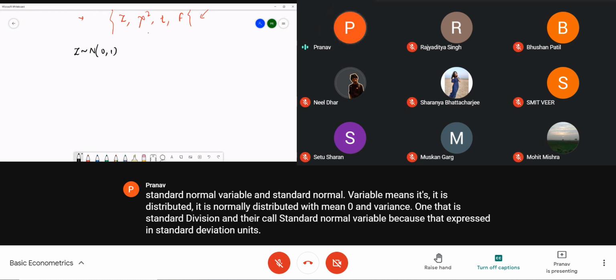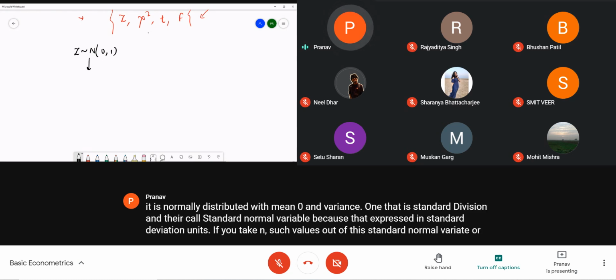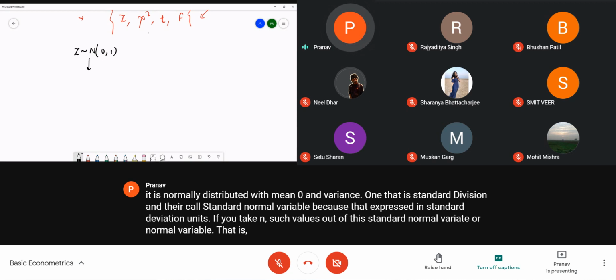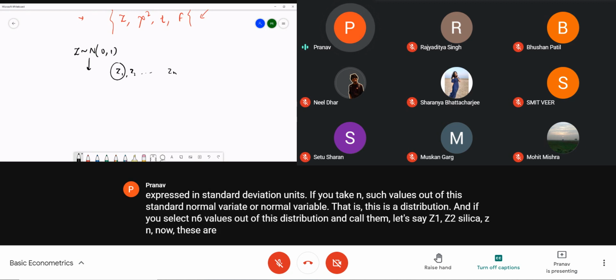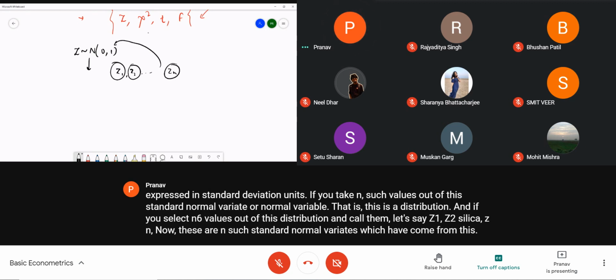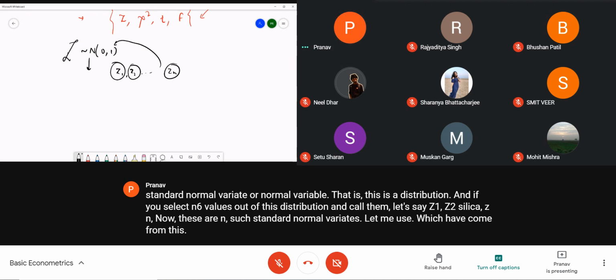Now, if you take n such values out of this standard normal variate, and if you select n such values out of this distribution and call them, let's say Z1, Z2, up to Zn. Now these are n such standard normal variates which have come from this standard normal population.